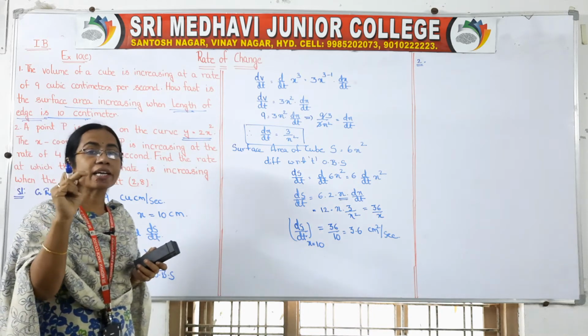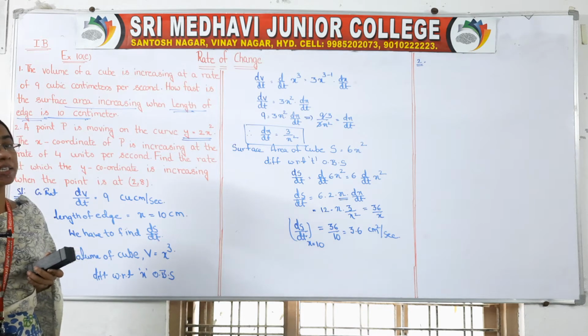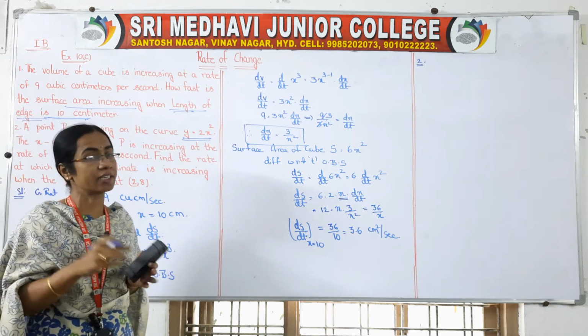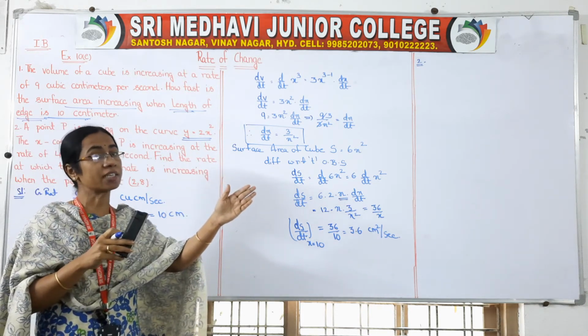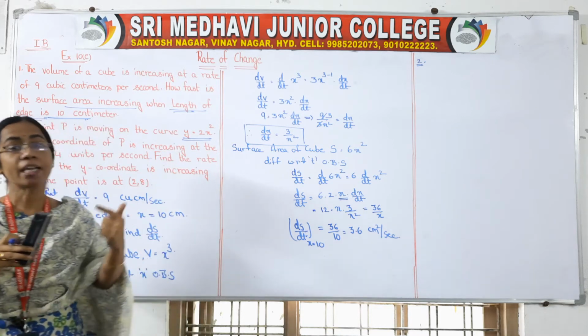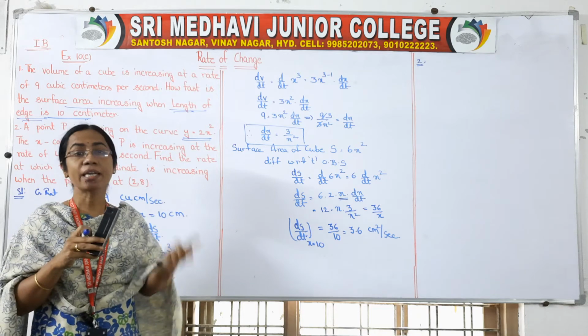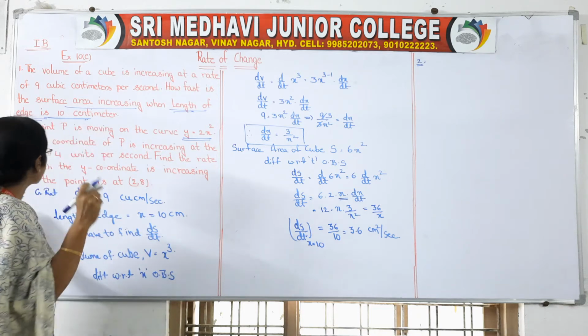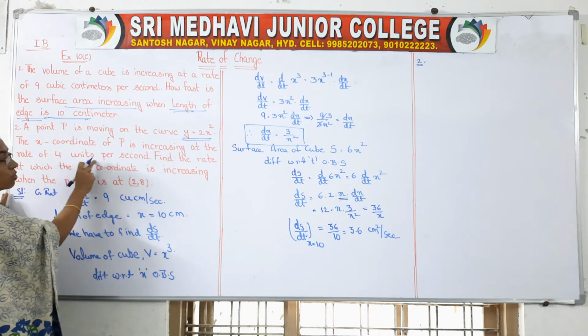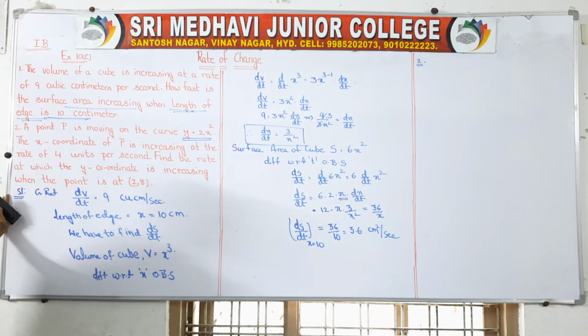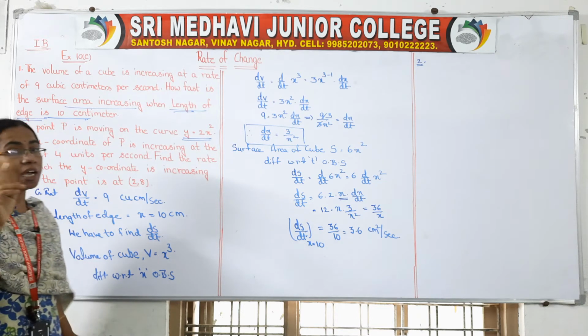That means dx by dt, the x coordinate is increasing. Previously, when volume was increasing, we took dV by dt. Now the x coordinate is increasing, so dx by dt, right? So dx by dt is given as 4 units per second. Find the rate at which the y coordinate is increasing when the point is at (2, 8).